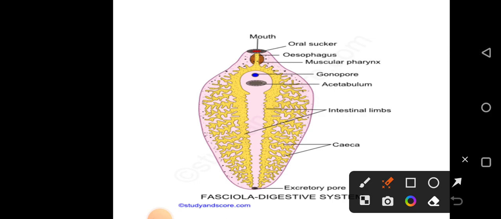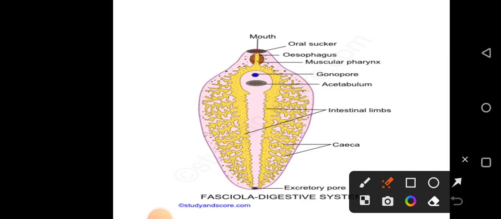They suck the lymph, bile and tissue pieces with the help of the oral sucker. The digestion in this fluke is of the extracellular type and it takes place in the intestine. The distribution of the digested food is done by diverticula of the intestine.